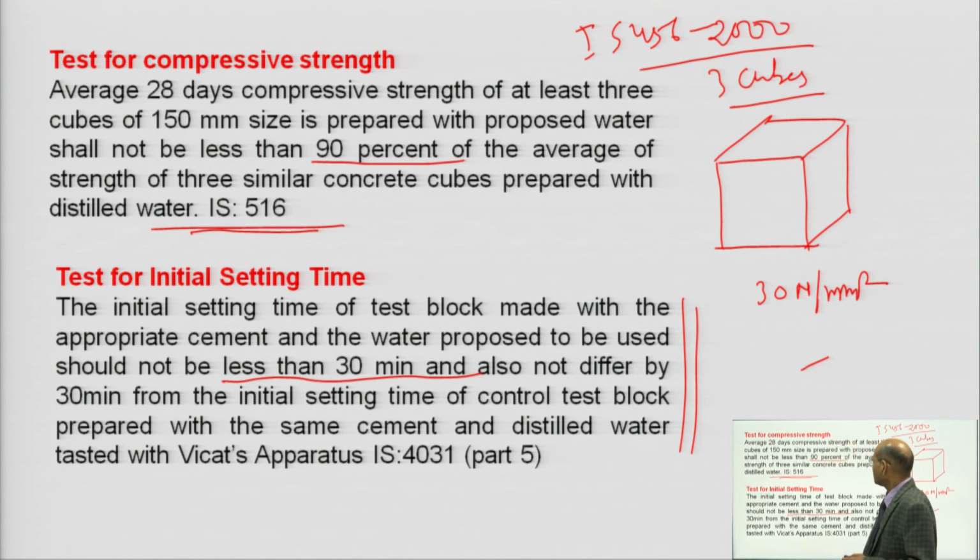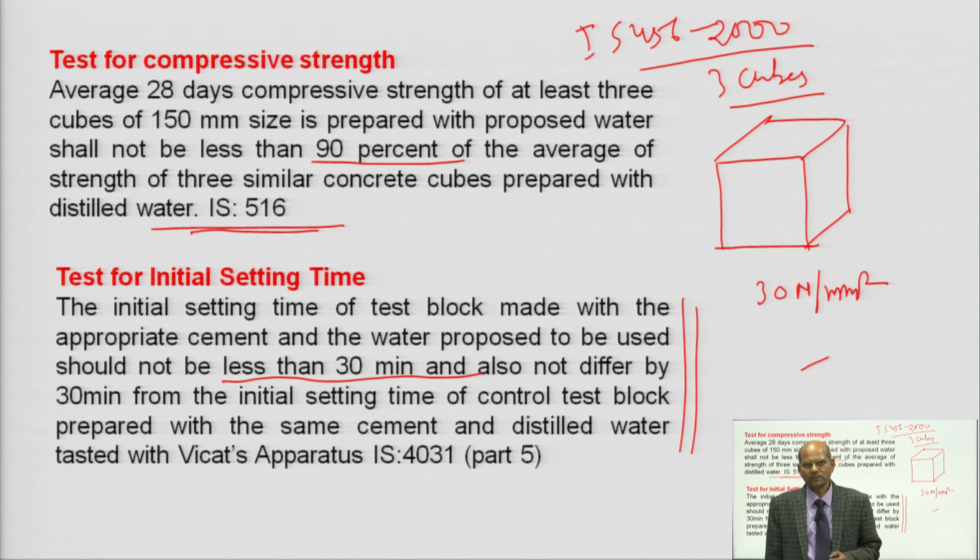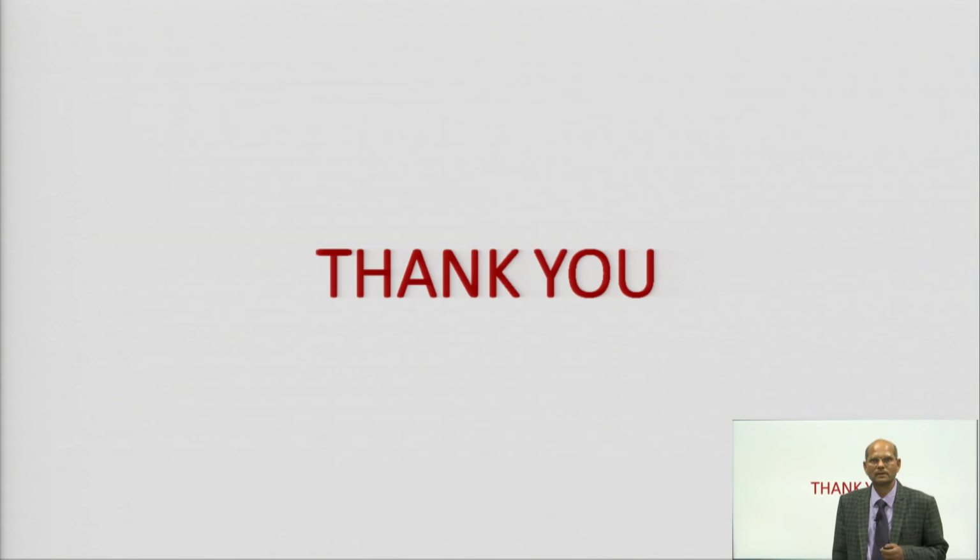Okay. And if you want to use sea water, because potable water is not available, then that can be done only for plain cement concrete, and generally it should not be used for pre-stressed concrete and RCC. Thank you.